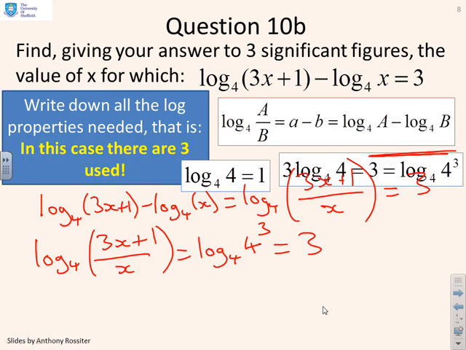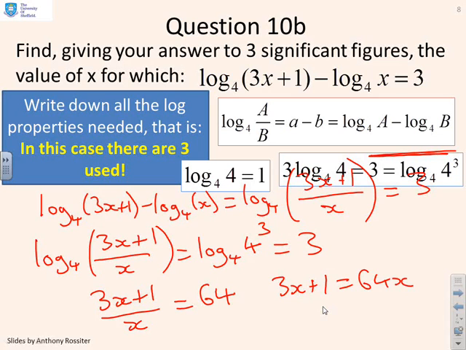And of course, having done that, I know 4 cubed is 64, so what I end up with is 3x plus 1 over x equals 64. And now you can simplify that to 3x plus 1 equals 64x, or 1 equals 61x.